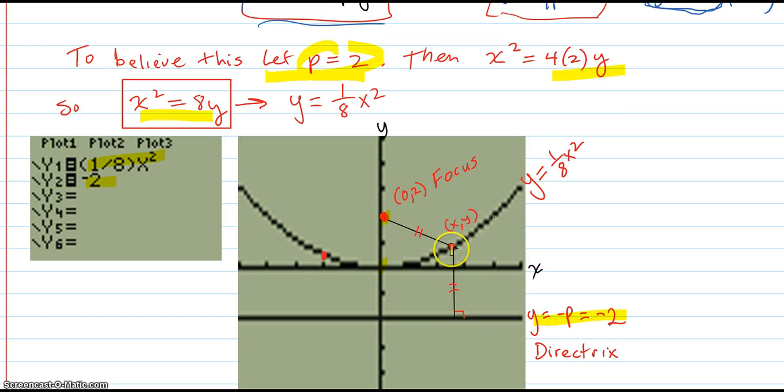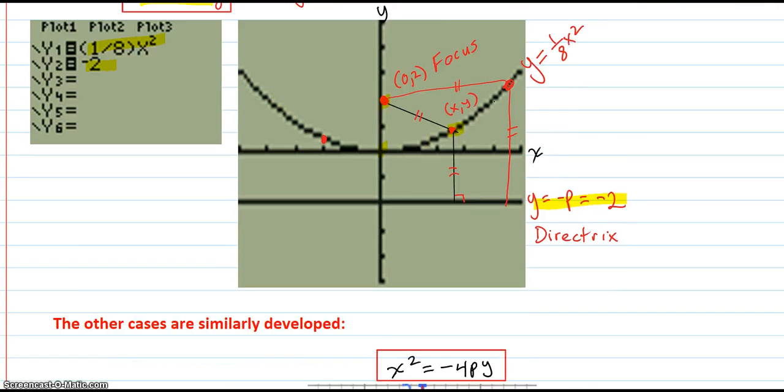And I put some point on the parabola here, and I wanted to see if the distance really looked equal, like it's supposed to. And it does. And if you tried another point over here, and went like this, and down like this, those two would be equal also to each other. So this is all working and it's all correct.